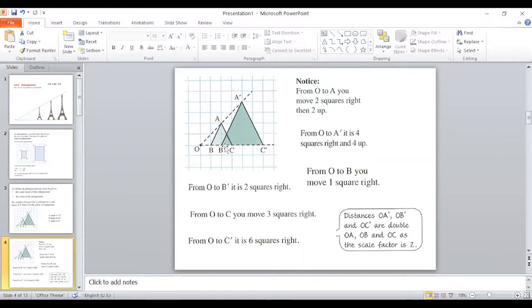From O to B prime, 2 squares right. From O to C, we move 3 squares right. From O to C prime, 6 squares right. You see that the distances OA prime, OB prime, and OC prime are twice the distances OA, OB, OC respectively. So the scale factor is 2.